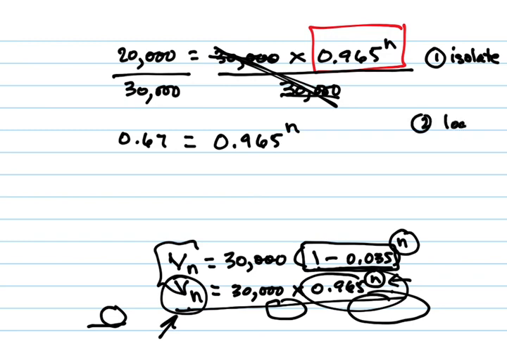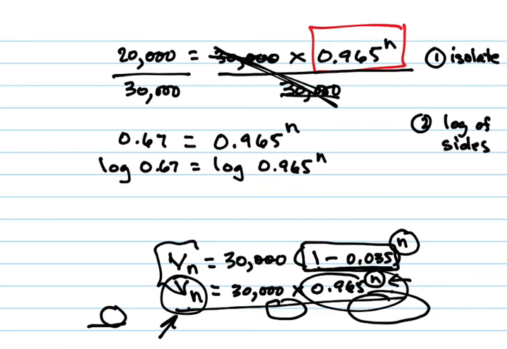Now we want to do the log of both sides. Now there's no math here. You're just going to put log of 0.67 equals log of 0.965 to the nth power. Then move your n to the front, and that's one of the rules for logarithms that allows us to do that.